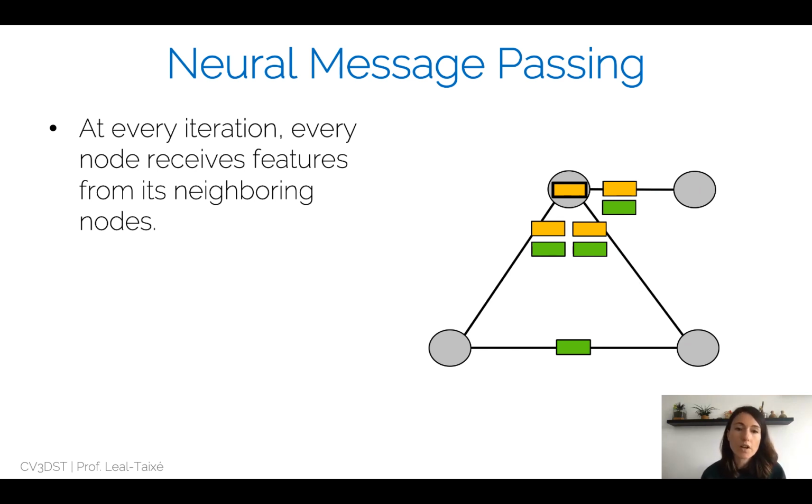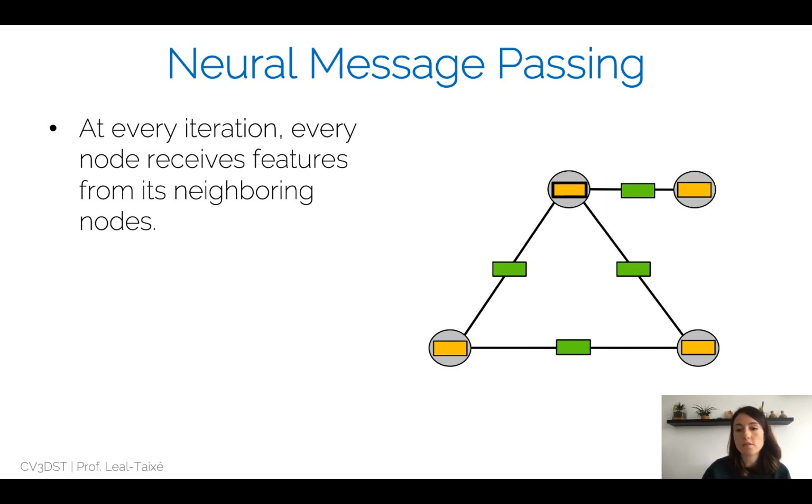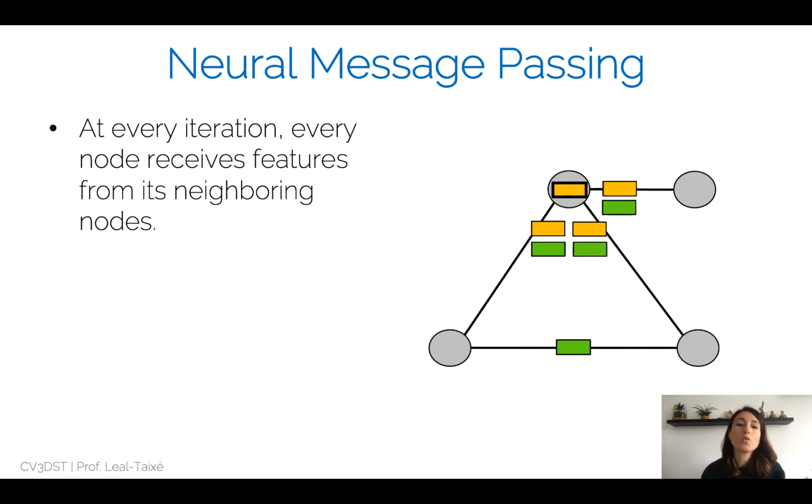So at every iteration, my node is going to receive the features from the neighboring nodes. And this is going to happen through the edges. So here, let me play this again for you. This is a neural message passing step where the node collects the information from the neighbors.